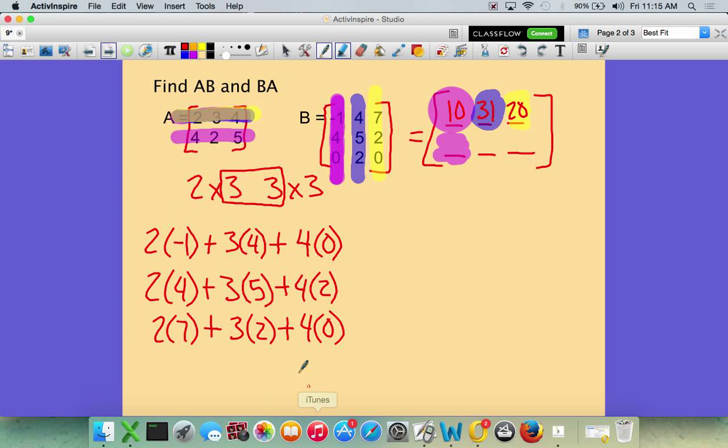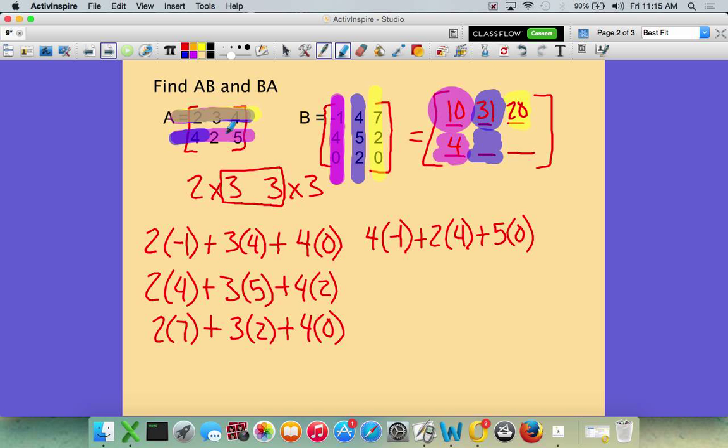So I've got 4 times -1 plus 2 times 4 plus 5 times 0. 4 times -1 is -4, plus 8, plus 0 is 4.